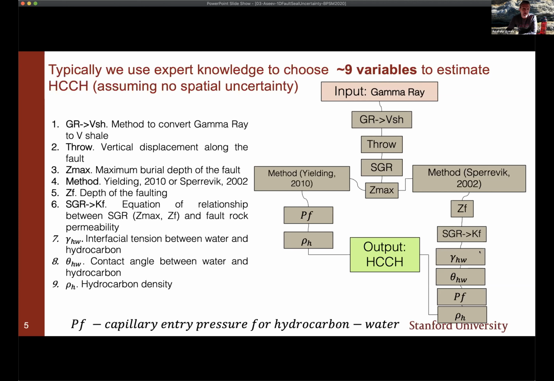Then, if we know interfacial tension and contact angle between fluids, we can convert fault rock permeability to capillary entry pressures. From Yielding, we get capillary entry pressures directly from data. And then using hydrocarbon density, we can get the column height which can be held by this piece of fault.